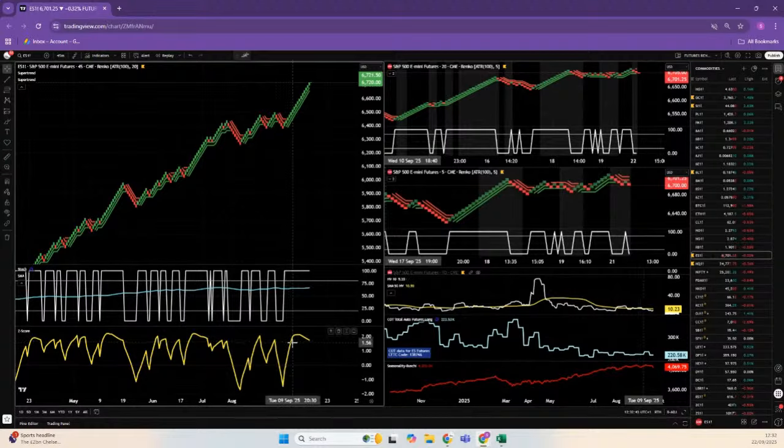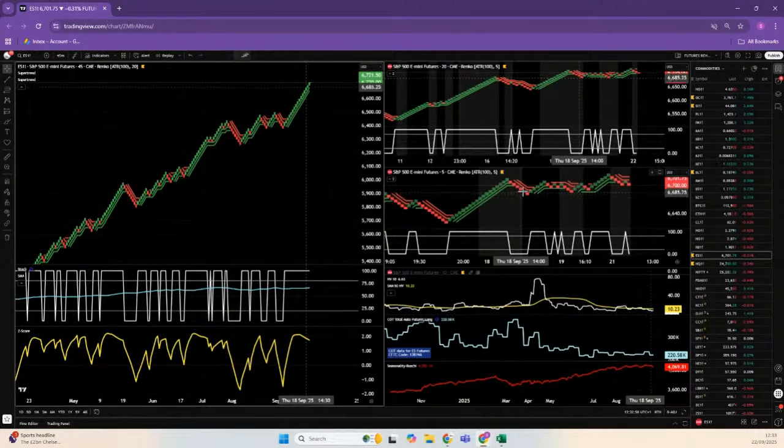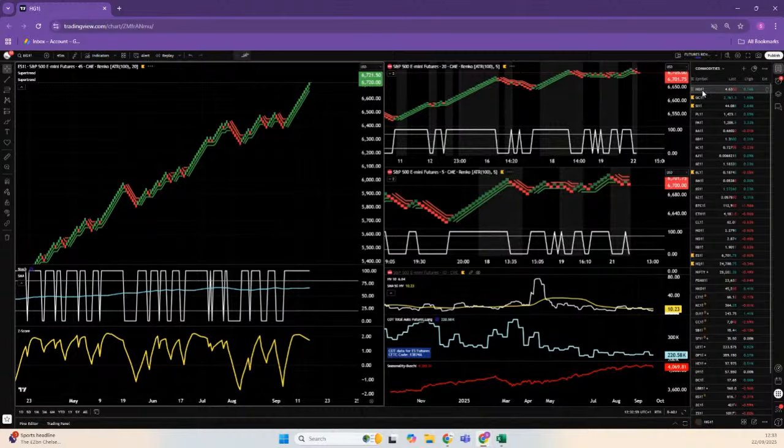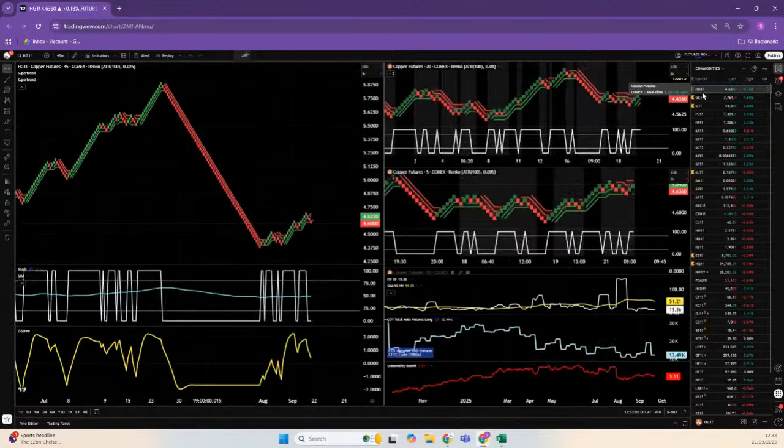And then I did mention last week that I added on the Z score at the bottom left there to give us an idea of how far prices moved away from the mean. That's set to 20, so that'll be 20 blocks that it'll be looking at. So with that, let's get into the charts, and we're going to start with the metals, and it's copper.